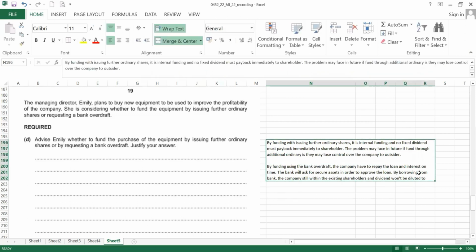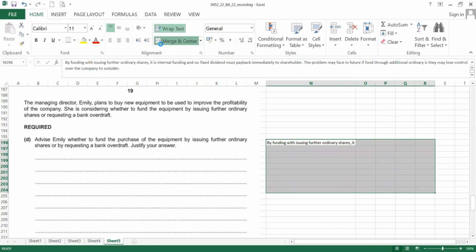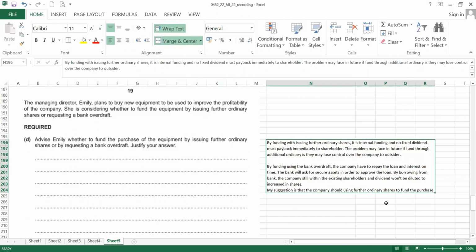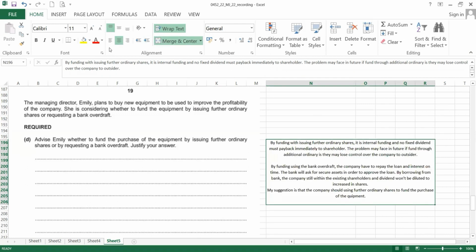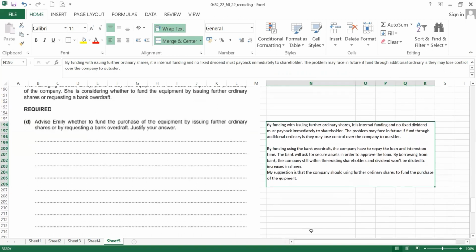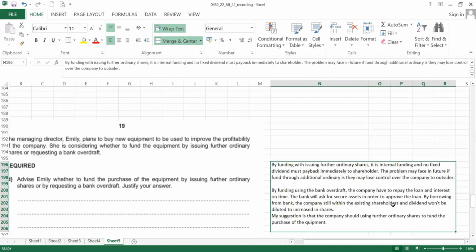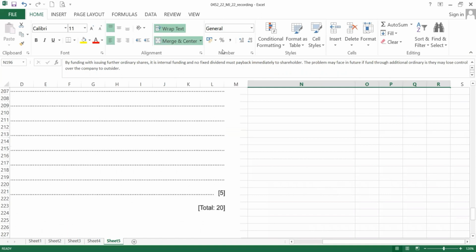Okay, so this is the answer that I'm taking. I prefer to do the internal funding, but the risk is they may lose the control of it. So that is the answer that I'm making. Okay, so now done for the question. So that's all for question 5.